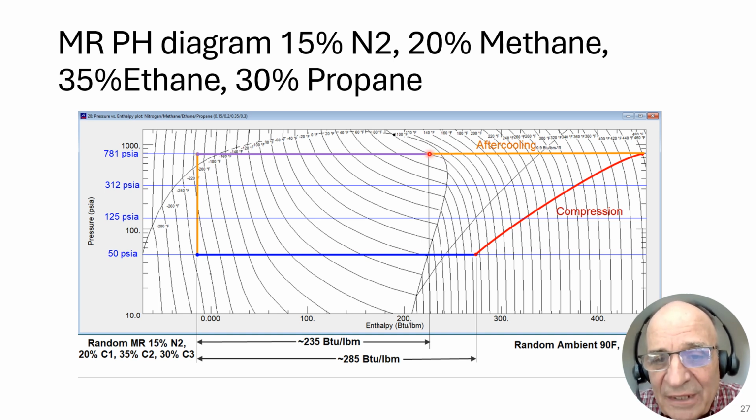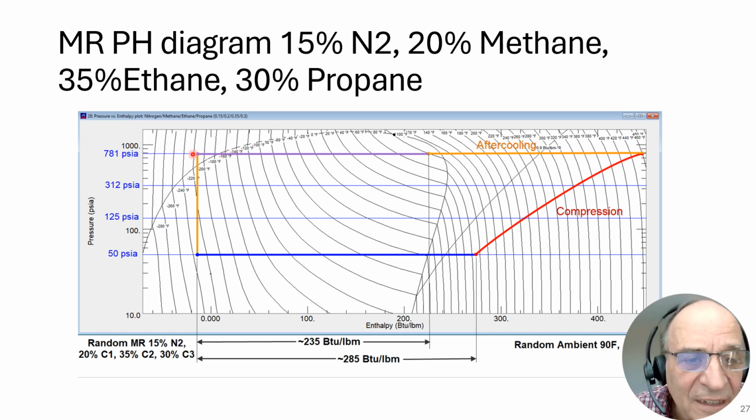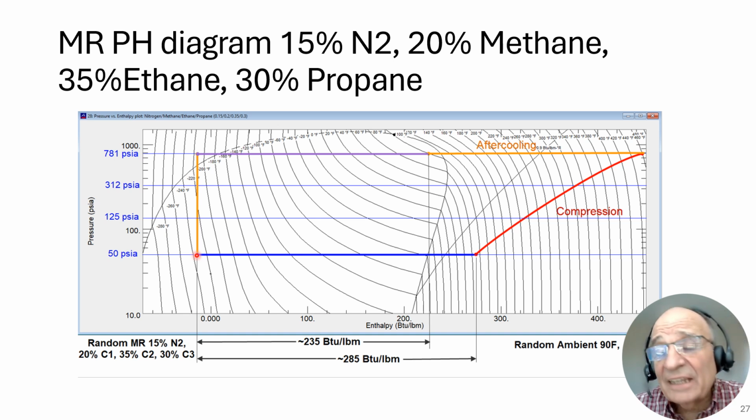You're still using ambient air, and we start using this stream to do refrigeration of this flow stream, and we're cooling this further and further and further till we get to here, which looks like about minus 210 degrees Fahrenheit. Drop across a JT valve, we come out here at what looks like to be minus 238. I'll estimate it as minus 238 degrees Fahrenheit.